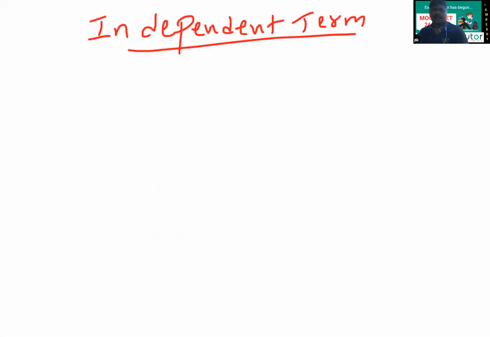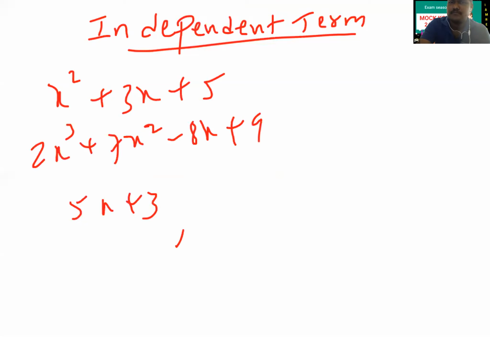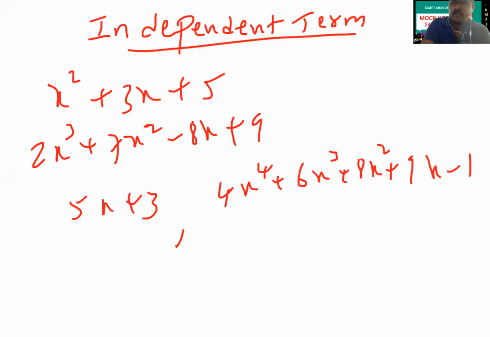How to find the independent term? What is meant by independent term? x square plus 3x plus 5, 2x cube plus 7x. I wrote 4 terms generally.